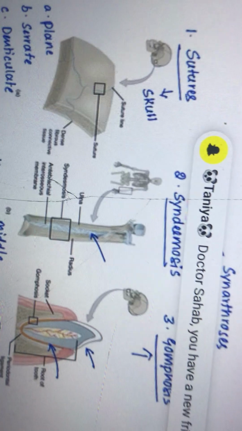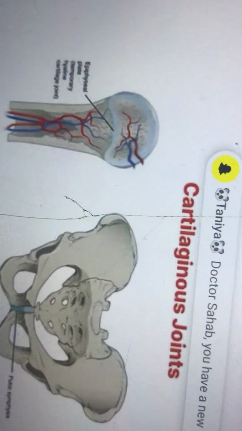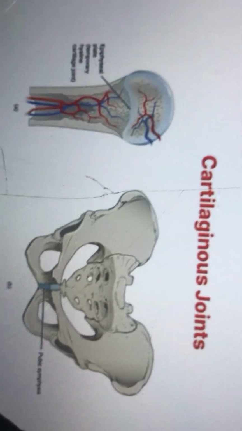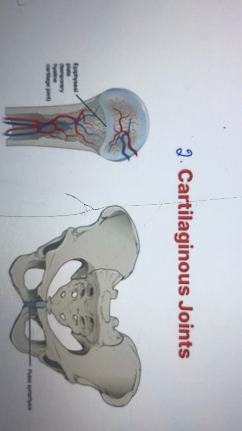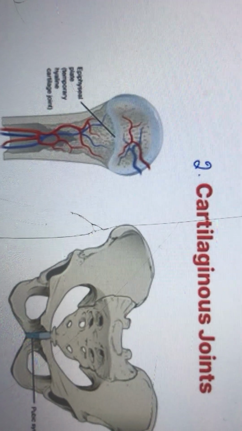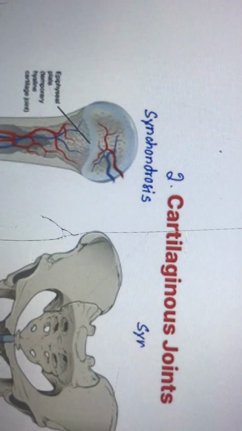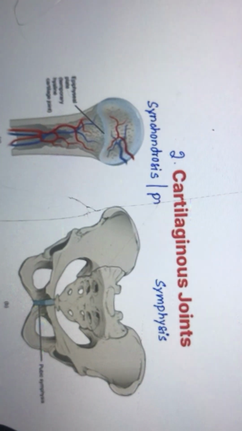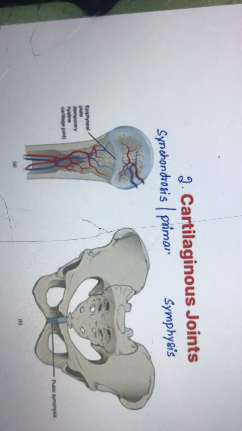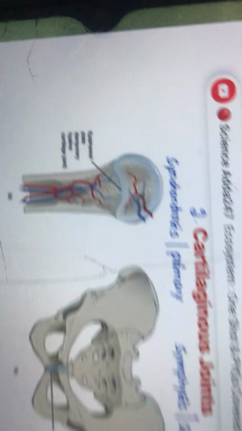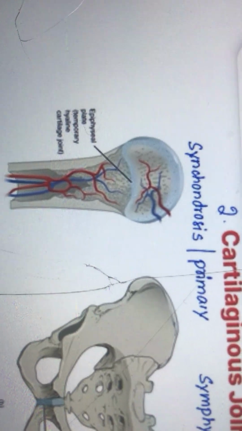Right. Once we have learned about the fibrous joints, let's learn about cartilaginous joints. So the second type of joint that we learned was cartilaginous joints, and these can be further grouped into synchondrosis and symphysis, which are otherwise referred to as primary cartilaginous joints and secondary cartilaginous joints.